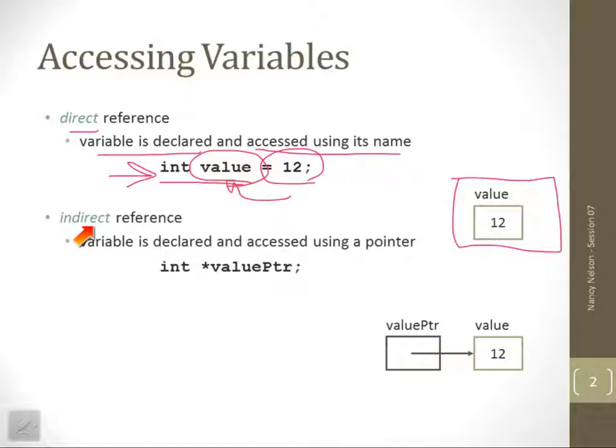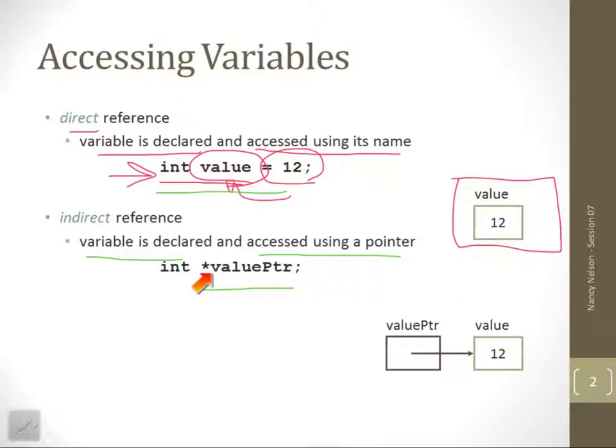With indirect reference, we're going to now declare a variable, but instead of accessing it directly like we did up here, we're going to access it using another variable called a pointer. So the declaration that I have here is declaring a pointer. And the way we know that is because of this star here. We have the name of our pointer, value pointer.